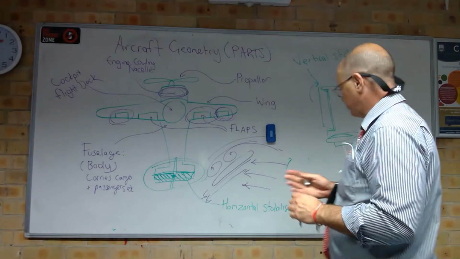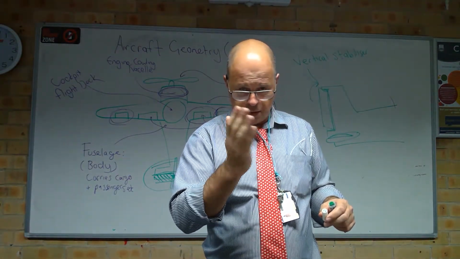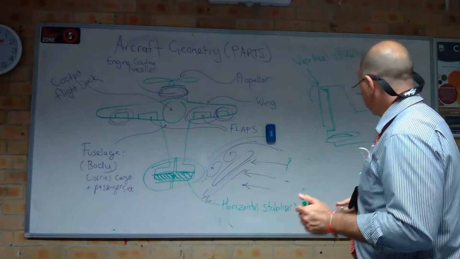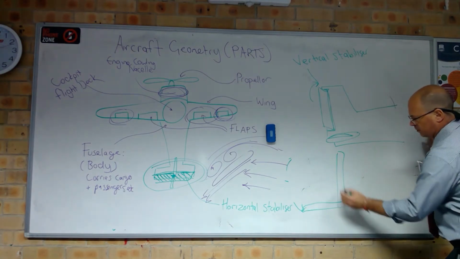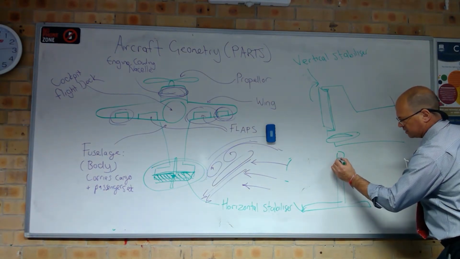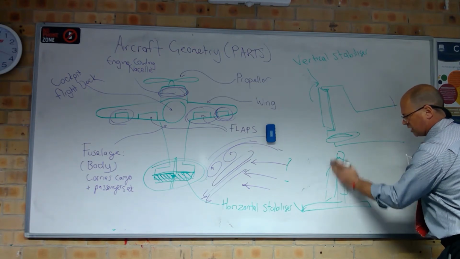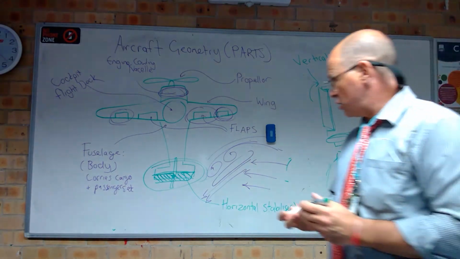So right and left yaw is just the rudder on the vertical stabilizer and changing its direction. Looking from behind the aircraft, it would either stick out to one side or the other, depending on which way you were trying to yaw the aircraft. So that is your rudder.